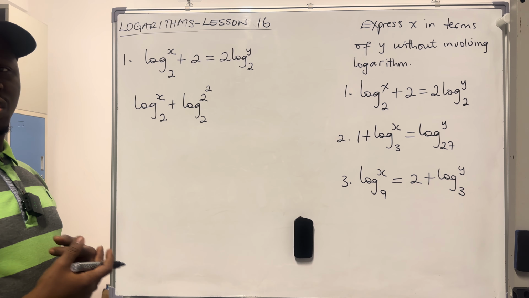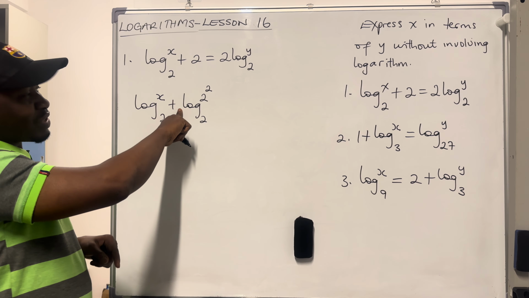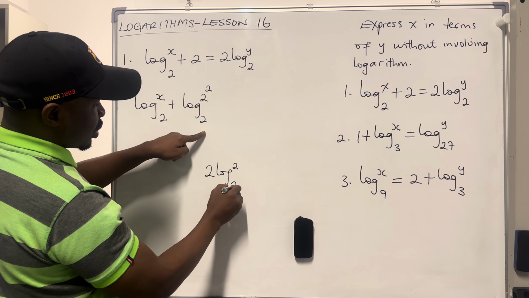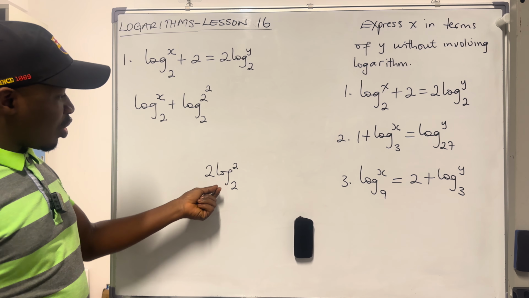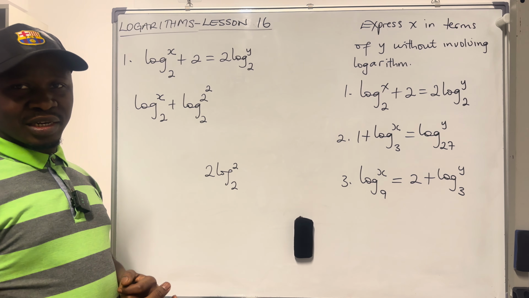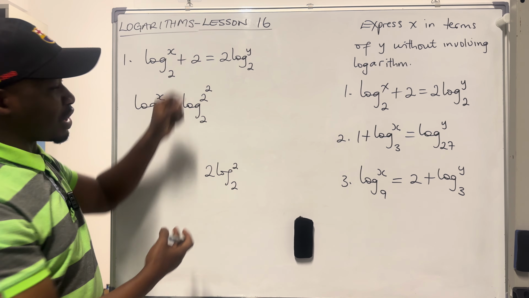Why is this true? Because if this number gets to the left hand side, it will become 2 log 2 base 2. And log 2 base 2 is 1. Why? The logarithm of any number to the base of the same number is 1. So 2 times 1 is just 2, which is this one.